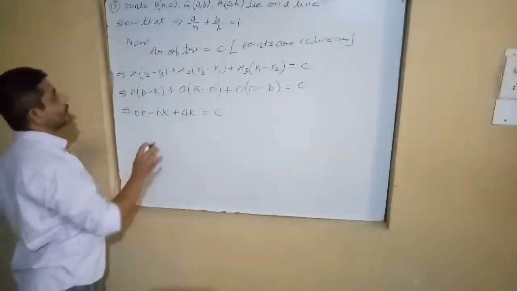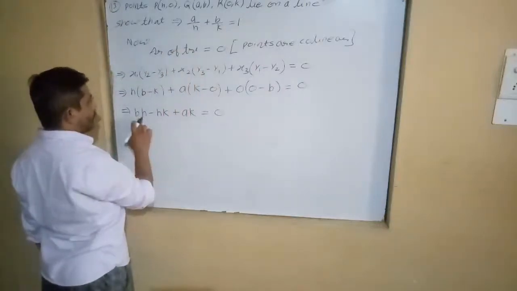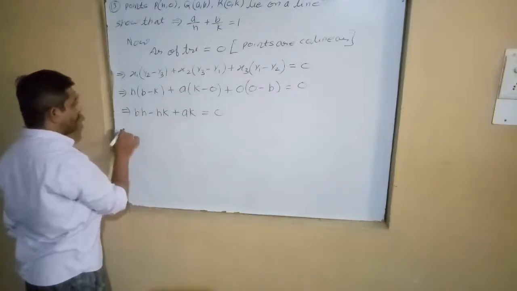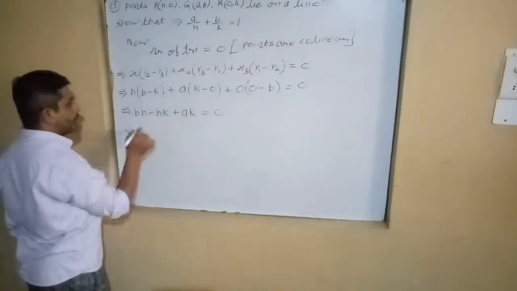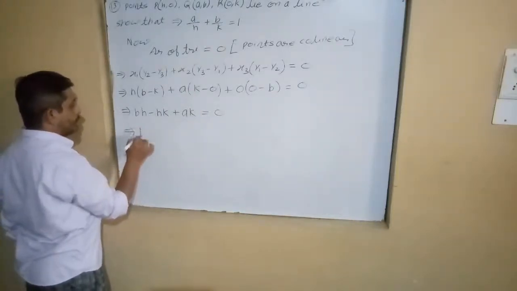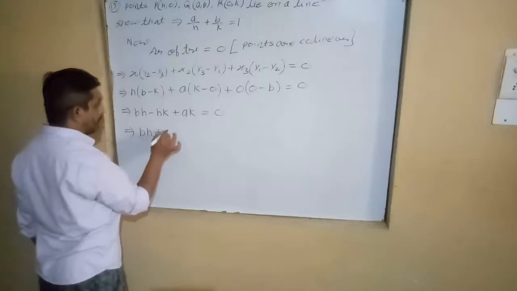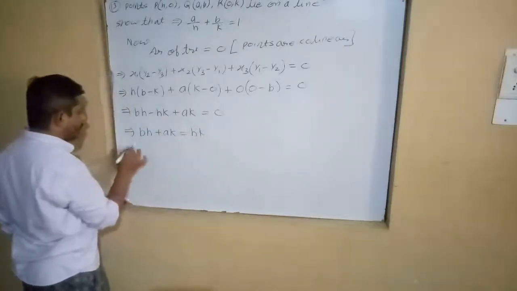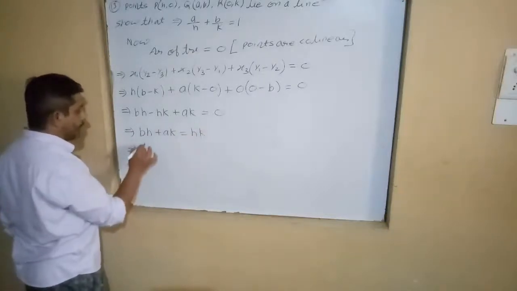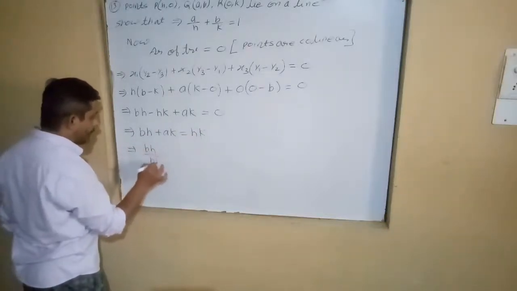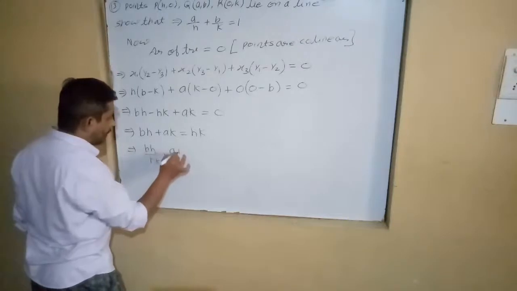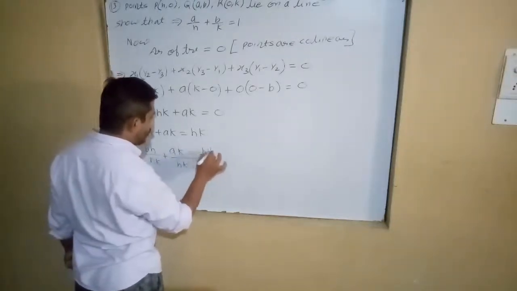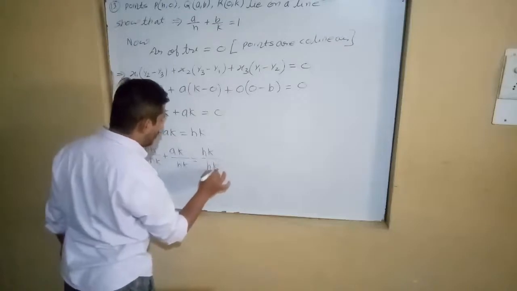Now we have to show a and b. So we take a and b on the right hand side and transpose hk to the right hand side. So bh plus ak is equal to what will come? hk. Now dividing by hk on both sides, bh upon hk plus ak upon hk is equal to hk upon hk.